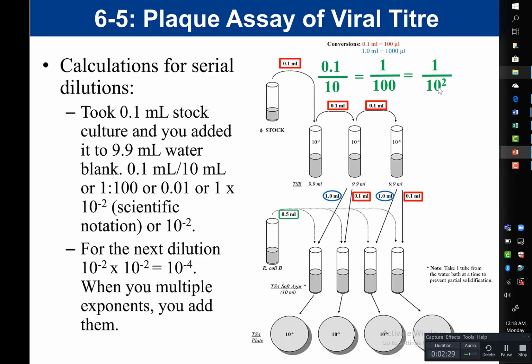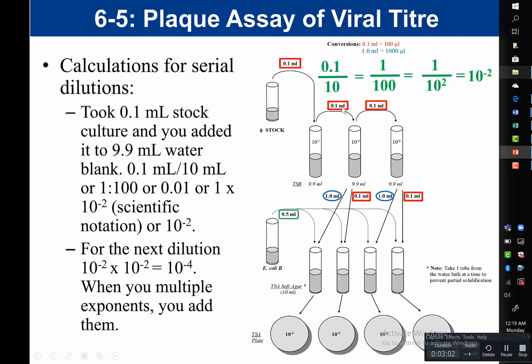If we do that math further, we get 10 to the negative 2. Remember that if we take 1 over 10 to the second, it now makes this a negative exponent, so this is 10 to the negative second. So my first tube has a dilution factor, or in this case, our final dilution, of 10 to the negative 2.